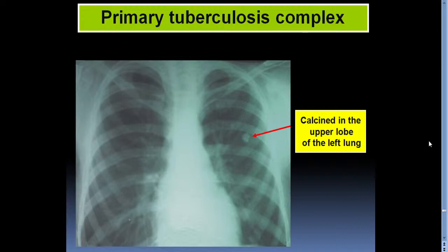These focal shadows are not homogeneous. We can see islands of petrification. This is the last stage of primary TB complex, and this focal shadow is named Ghon's focus, or post-primary changes.